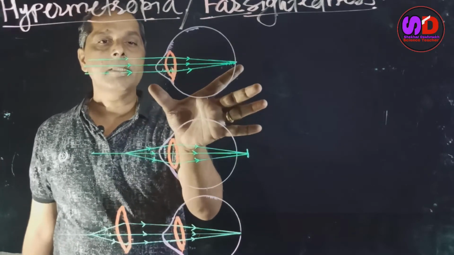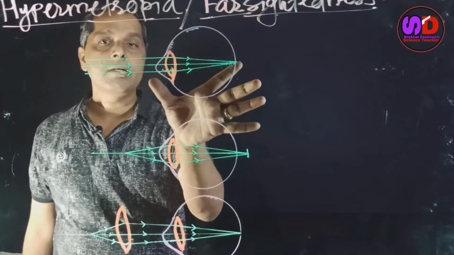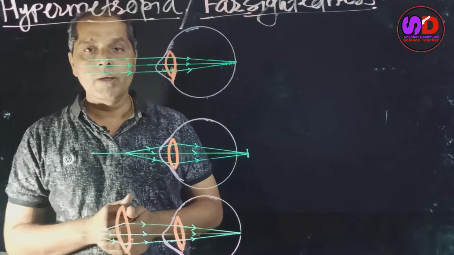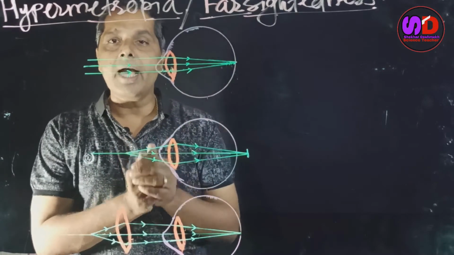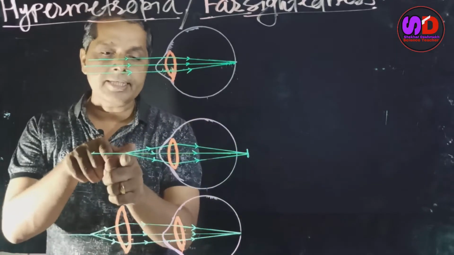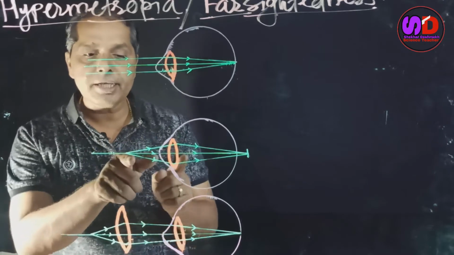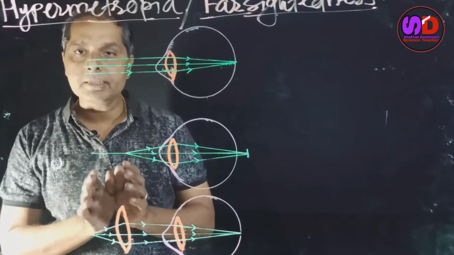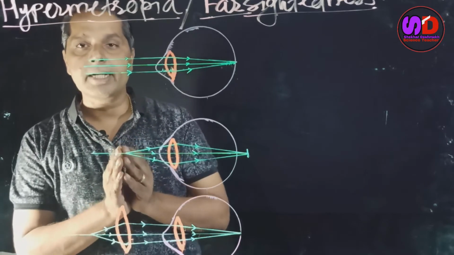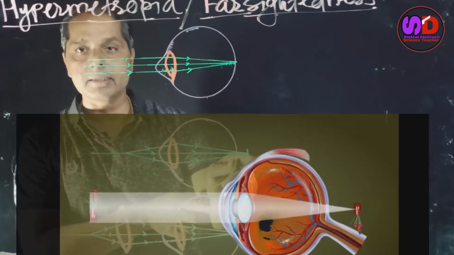So this is nothing but farsightedness, that means distant objects can be seen. This is the defective eye. In this case, we can see the light rays are coming from this point, that means it is a nearby object, and the person cannot see the nearby object clearly, that means the image is formed behind the retina in this case.